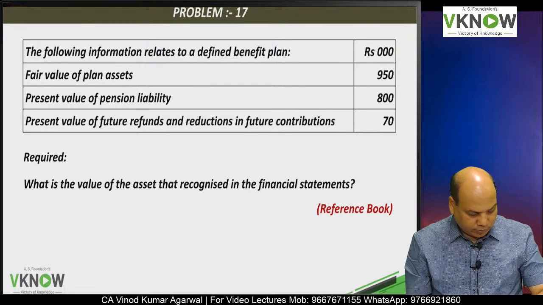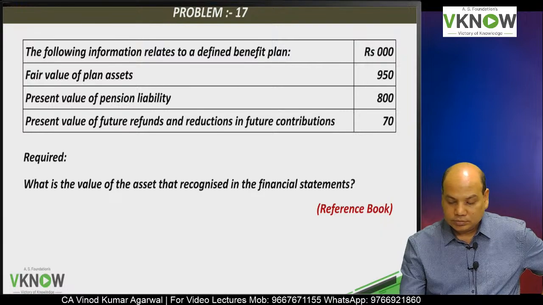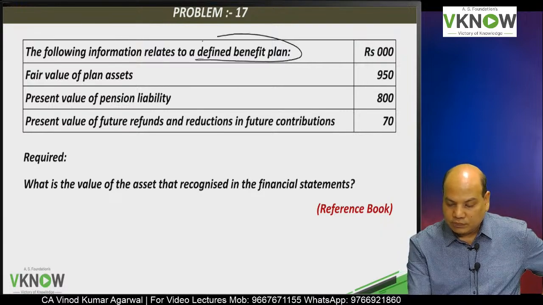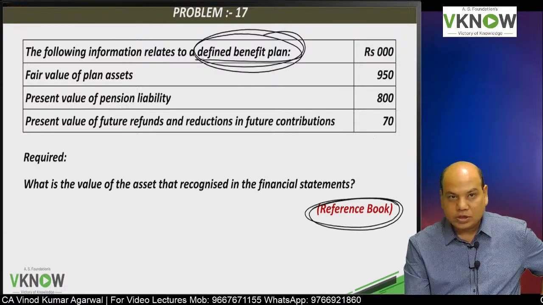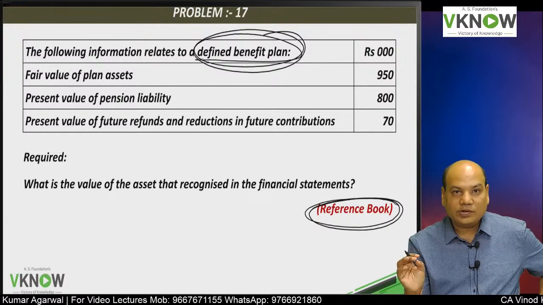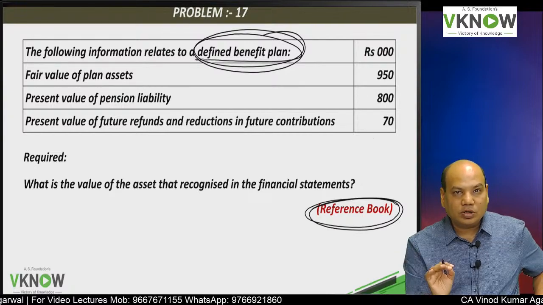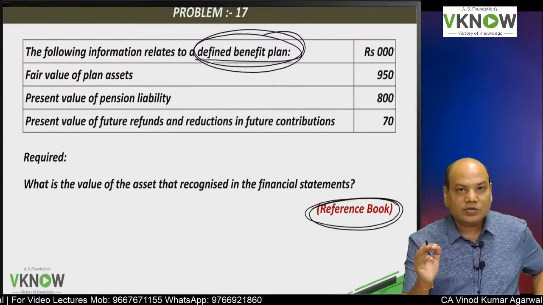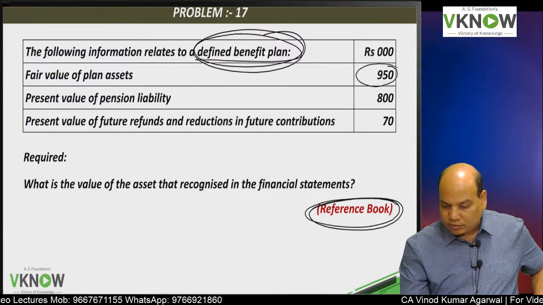Question number 17. Following information relates to a defined benefit plan. So first you underline defined benefit plan. Source is a reference book. Your study material does not have enough question, but they will ask you in the exam. Don't think your study material is enough for accounting standard. You need to practice more. Fair value of the plan asset is 950.